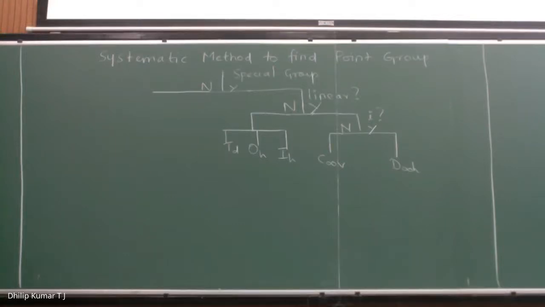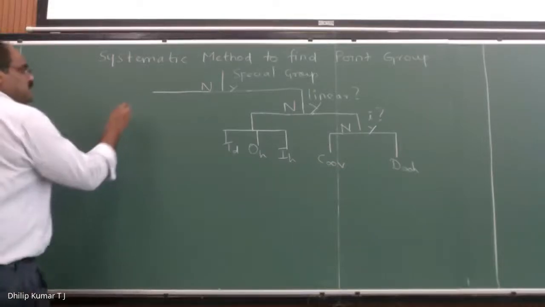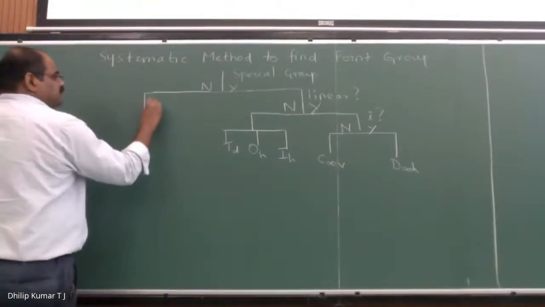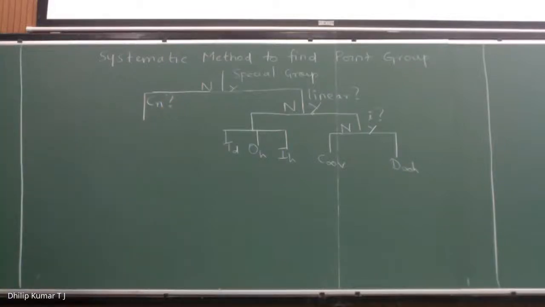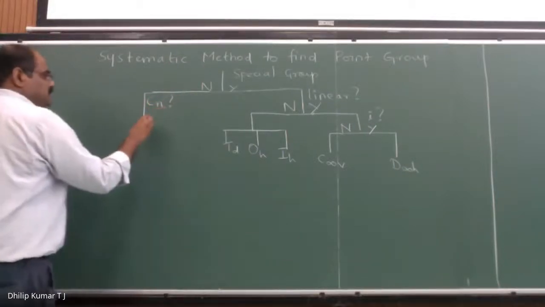then what? Now you can find out various groups. Let me take my notes. If the molecule has Cn symmetry, okay, so you have to check whether the molecule has Cn symmetry.